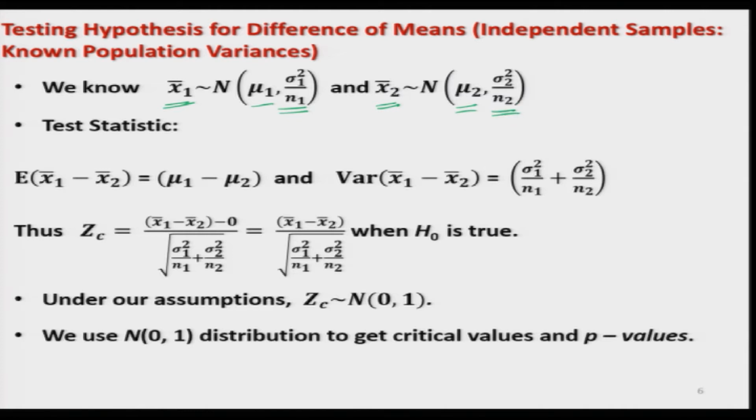Now based on that we can create the statistic. We know that both x1 bar and x2 bar are independently drawn. Both the samples are independently drawn. So what will happen here is that the observations of the first sample and the observations of the second sample are going to be mutually independent of each other.